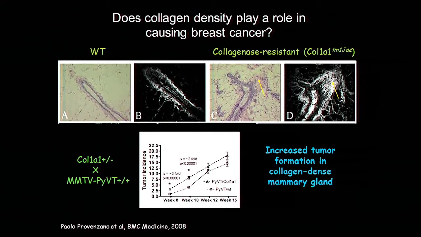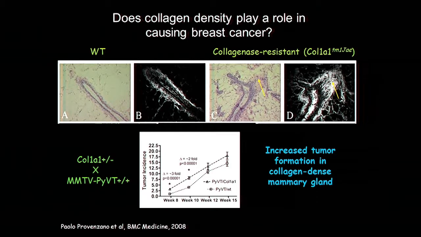All right, so that is all putting cells in a culture system. So what happens if we go into a model system such as a mouse, or going on into people? What we made use of here is a model where the collagen gene is mutated so that it can't be cleaved and turned over. So the result is that you end up with more collagen in the mammary gland and actually in the whole animal.